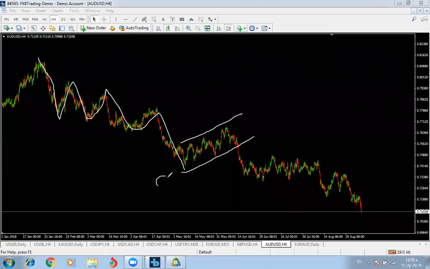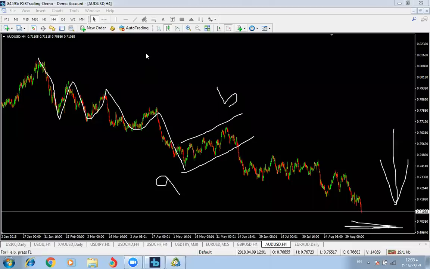The whole structure, this is A, and we should see equal legs between wave A and C, and we are now in wave C, which is moving impulsively to the downside. So the target of this wave C should be like this.